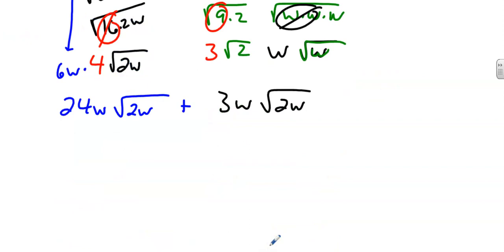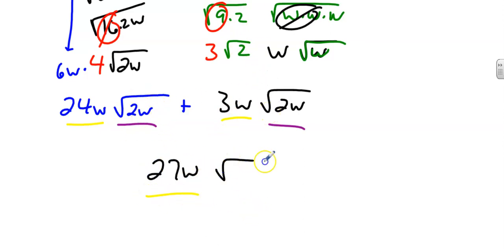All right, once you're there, now you do have the same thing on the inside. And once you have the same thing on the inside, you can add or subtract the numbers that's in front. So now we're going to do 24w plus 3w. Well, that's just 27w. And whatever the square root is, that part doesn't change.